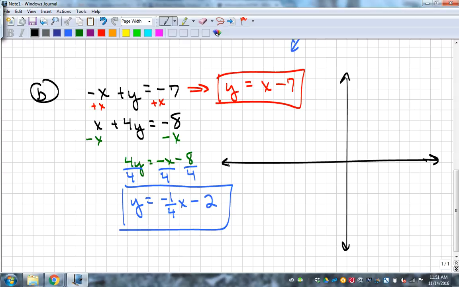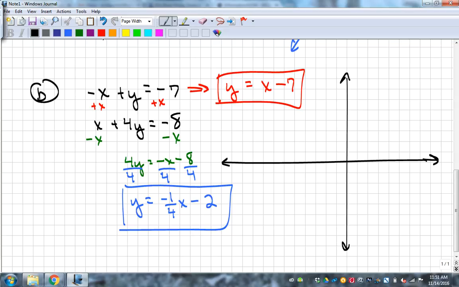The slope of the blue one is negative 1/4. So the slopes are not the same. So that means they're not what? They're not parallel. And parallel lines never cross. Remember, parallel lines are lines that never touch. Okay, so we know that these are not parallel. So that means they should cross.